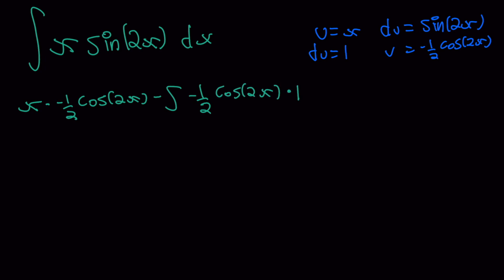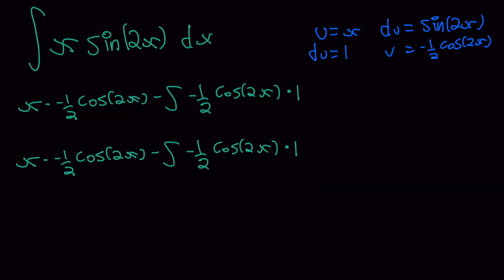Times 1. To solve this, I'm going to make it a little simpler. I'm just going to pull the negative 1/2 out, and then we're going to get rid of that. I don't want to write that again, so we're just going to do this. Now all we need to solve is this right here, and we're done.